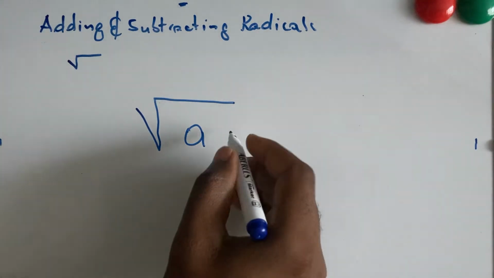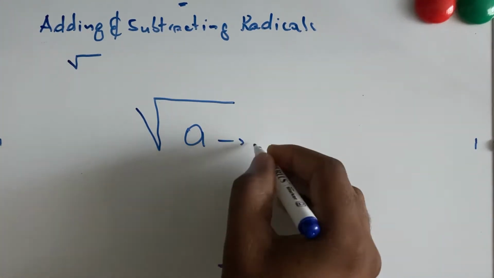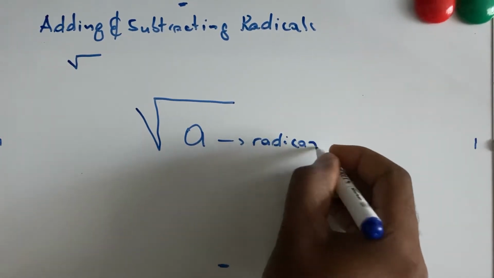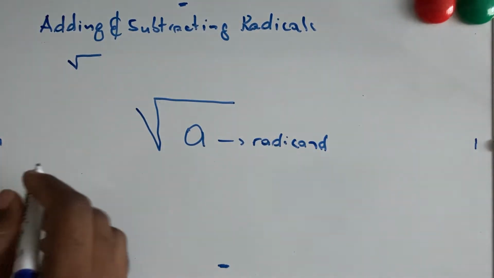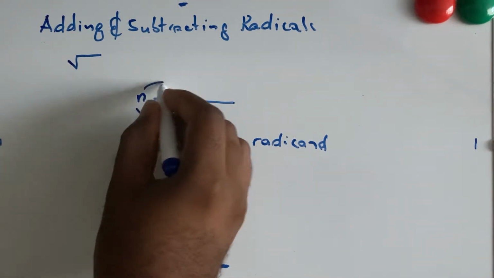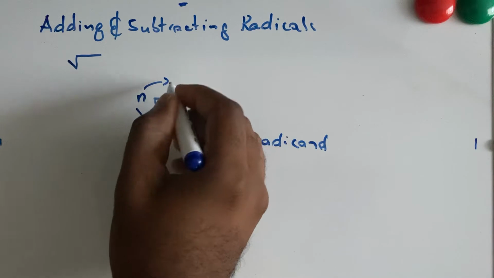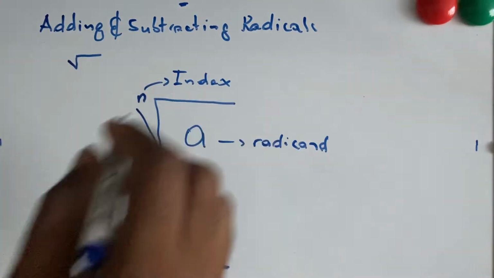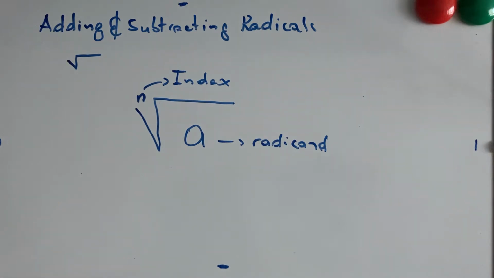This is called a radicand. And also we have a number here which is called the index.